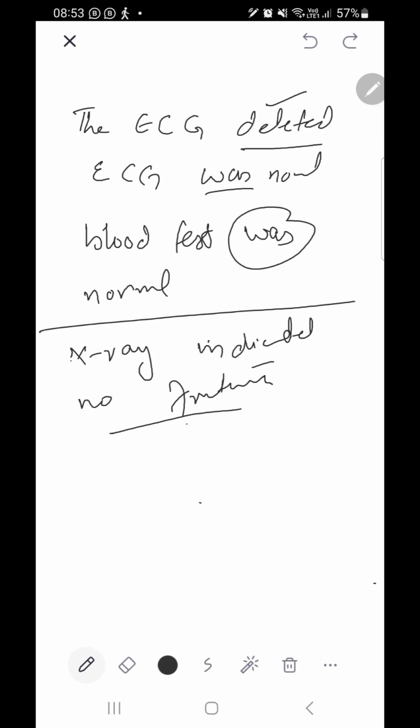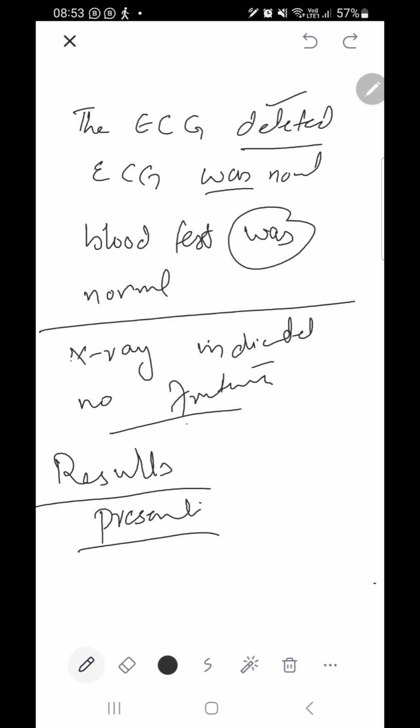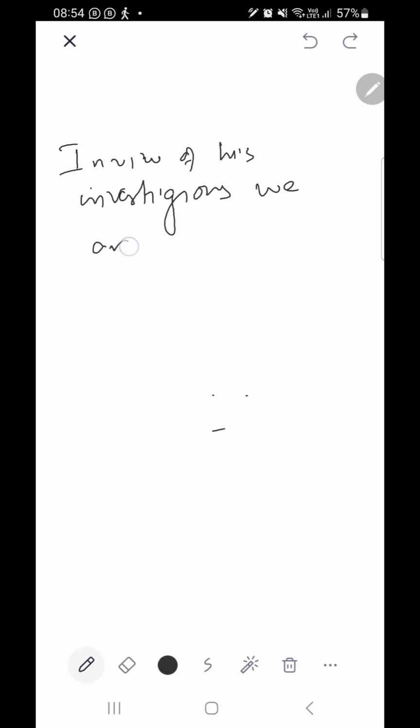And if we have the results, we can use the present tense now. For example, let's say, in view of his investigations, we are suspecting AMI.